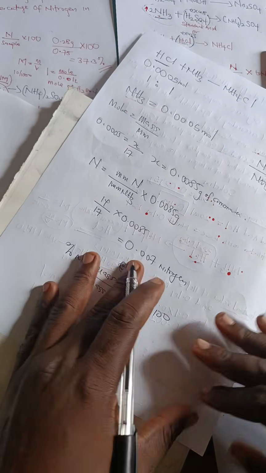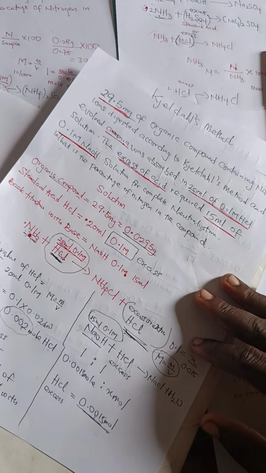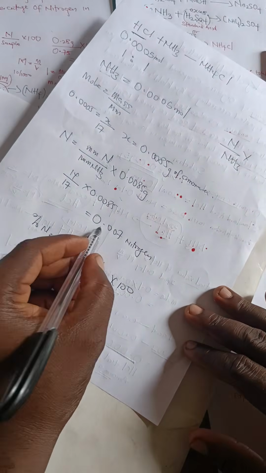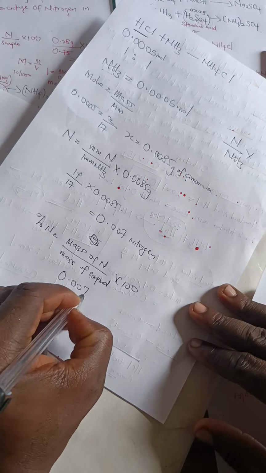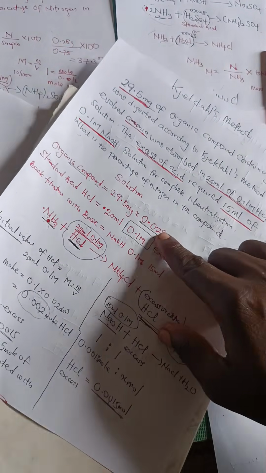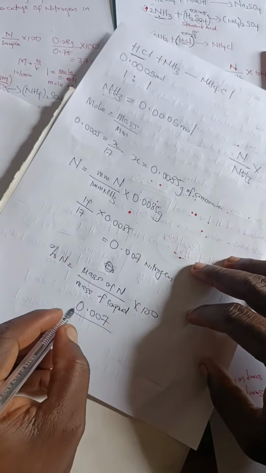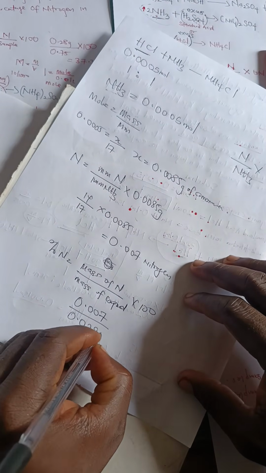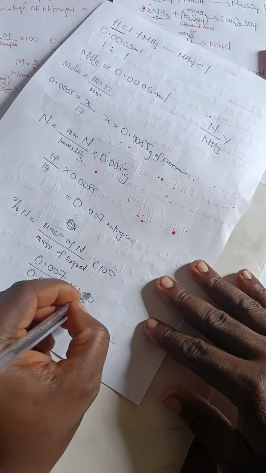So what is the mass of nitrogen? We've gotten the mass of nitrogen here to be 0.07, over the mass of the compound. Where's the compound? This is 0.295 gram. Can you see? So everything multiplied by 100.